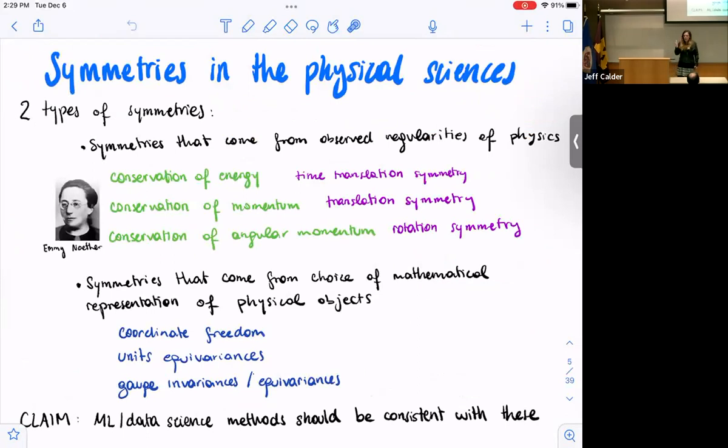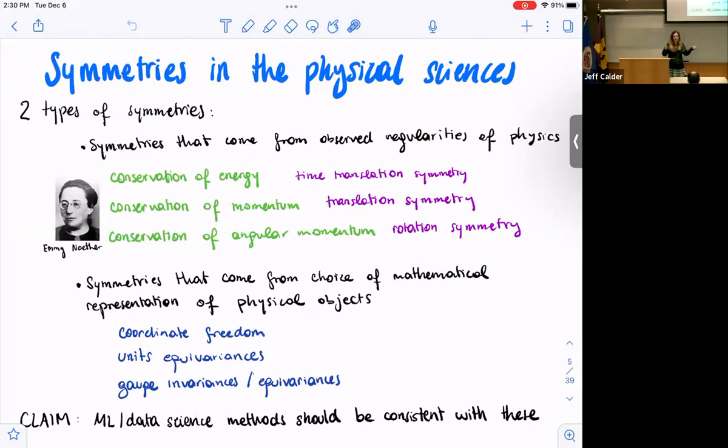In the physical sciences, there are two types of symmetries that one can encounter. First, the symmetries that come from the regularity of the physics, symmetries that one can observe from doing experiments on a physical system, for instance from conserved quantities, like conservation of energy or conservation of momentum.